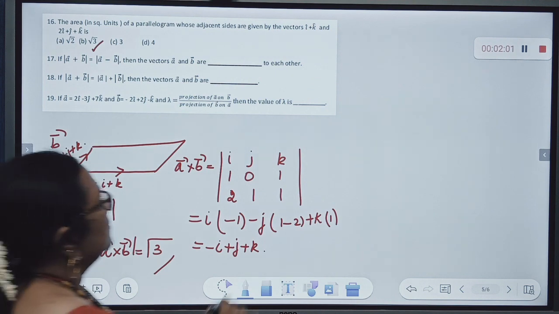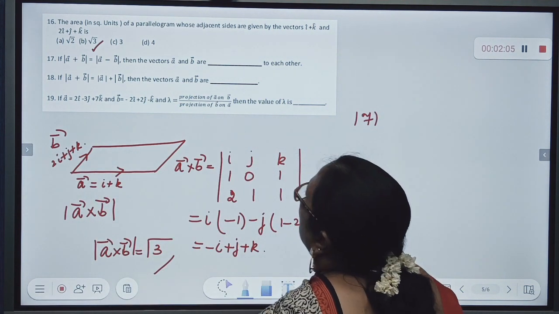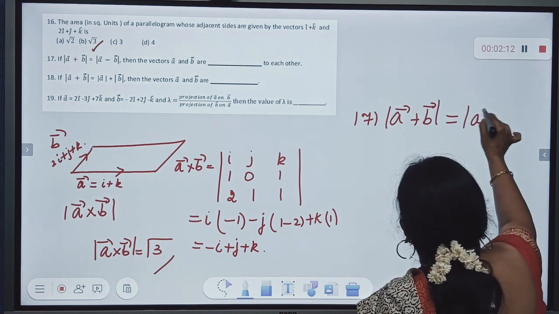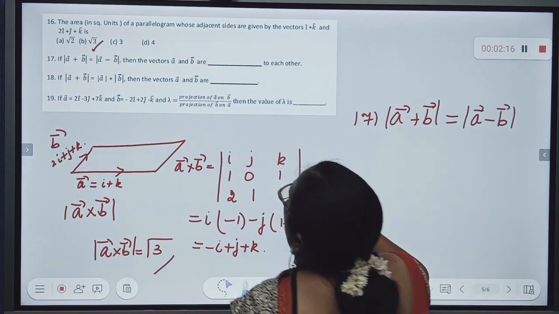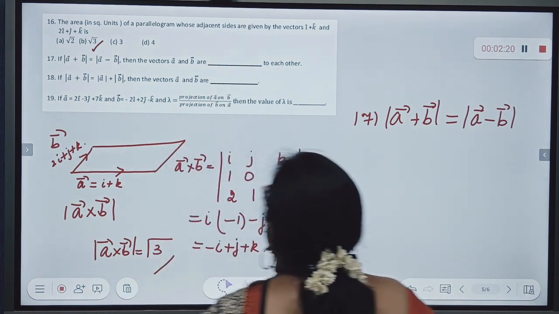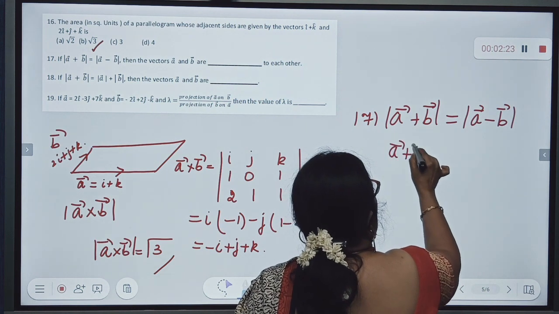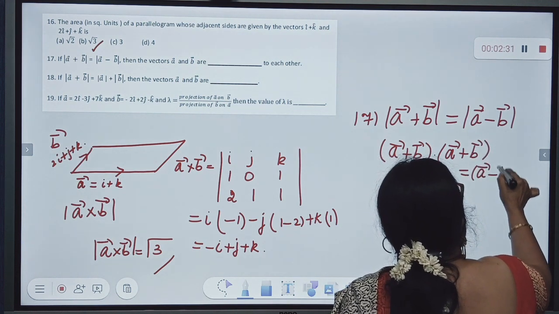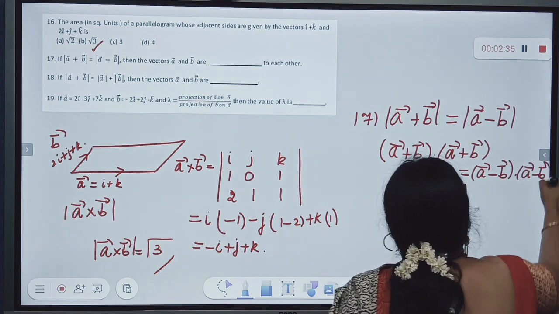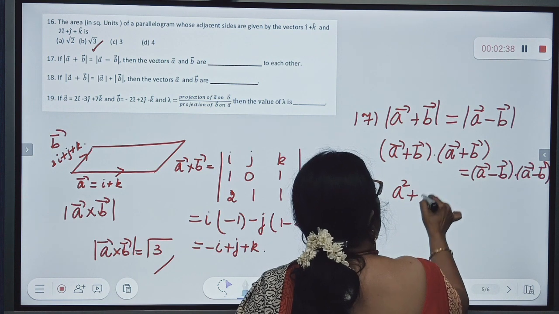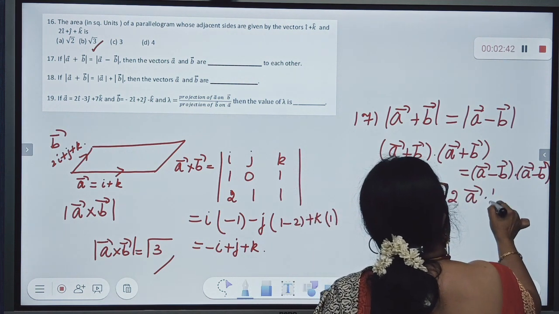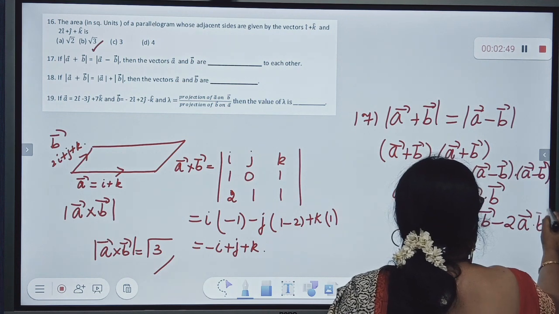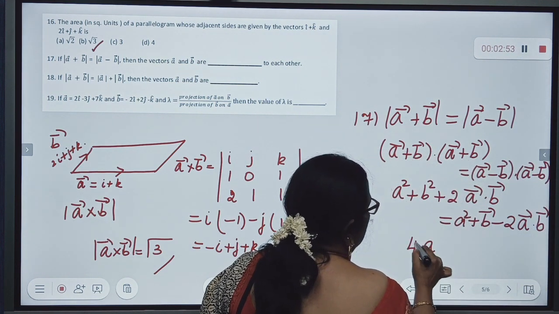Now look at the 17th question. You are given modulus of A plus B is equal to modulus of A minus B, and you have to find the relationship between A and B. So A plus B dot A plus B will be A minus B dot A minus B. So A square plus B square plus 2 times A dot B will be equal to A square plus B square minus 2 times A dot B. This implies 4 times A dot B is 0.